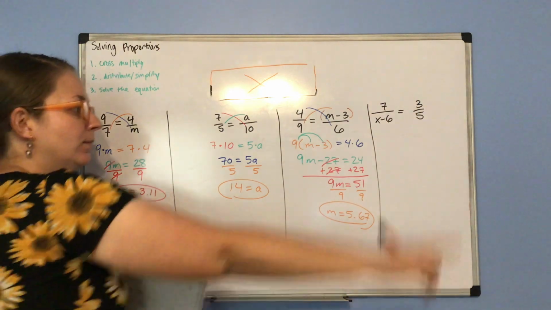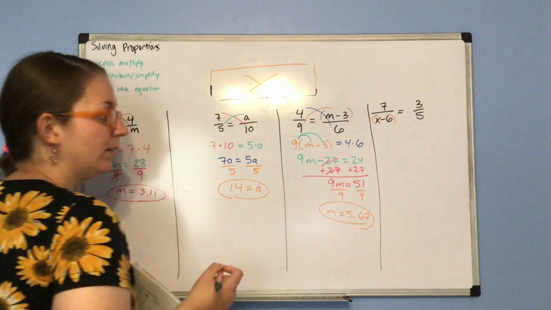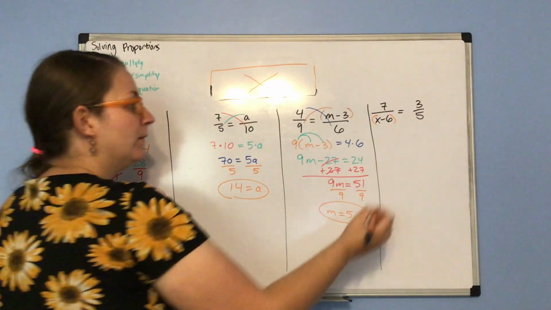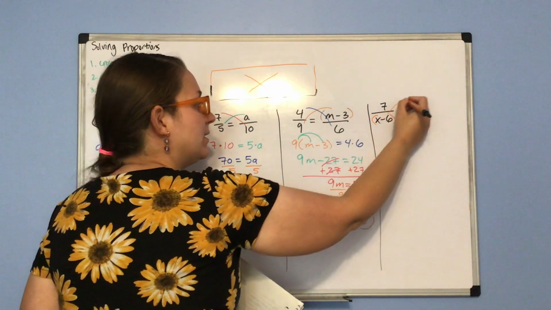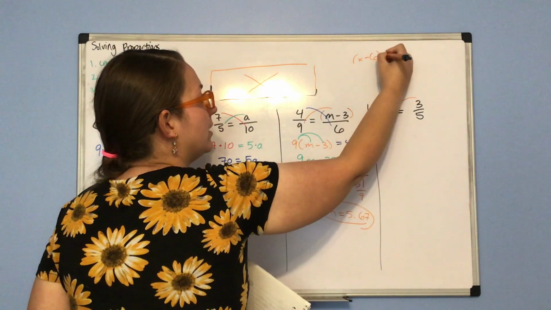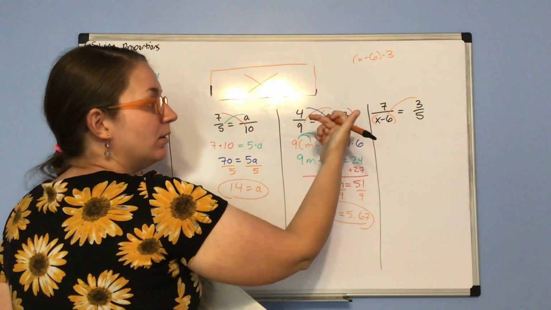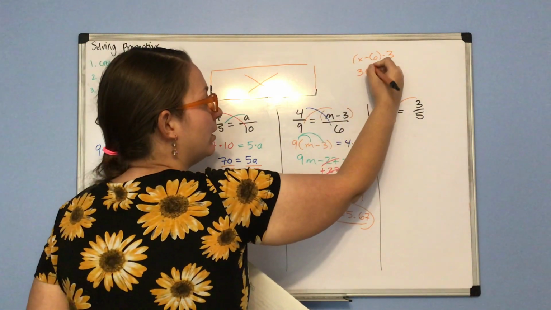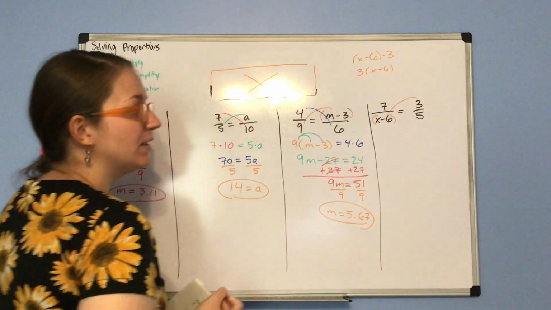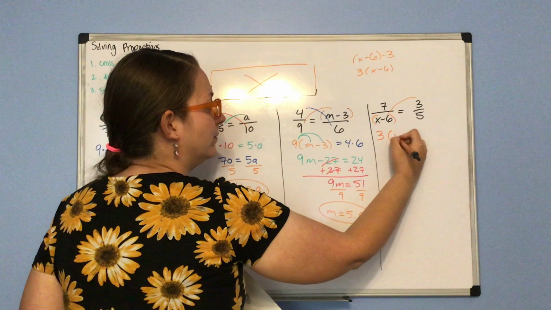Let's try another one. Once again, I have more than one term, so I'm going to put that thing in parentheses so I don't forget. I'm thinking x minus 6 times 3, which you can write like I said, x minus 6 times 3, or remember that multiplication is commutative, you can switch the order. 3 times x minus 6 means the same thing. This is usually how we see things written, so that's how I like to write them.